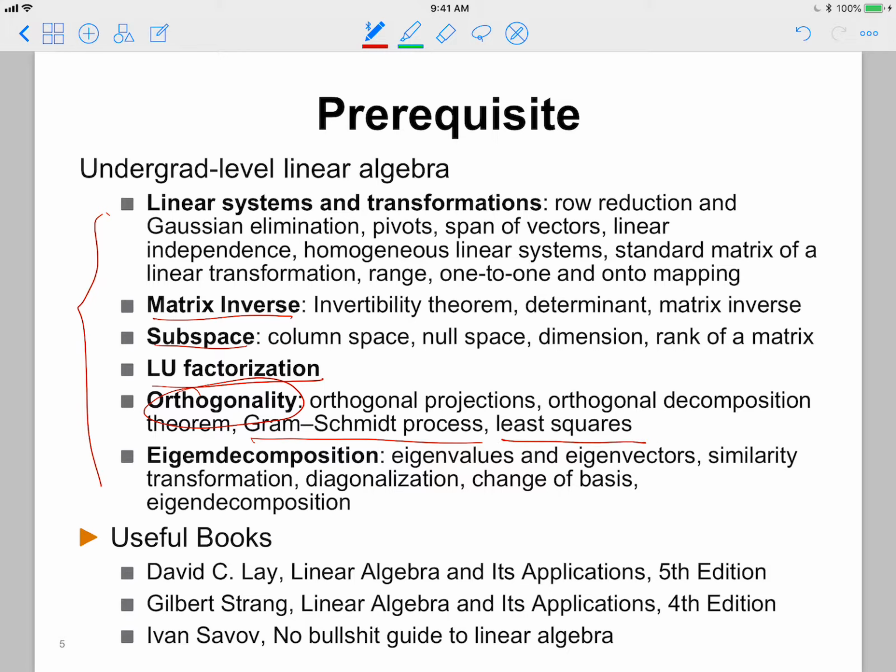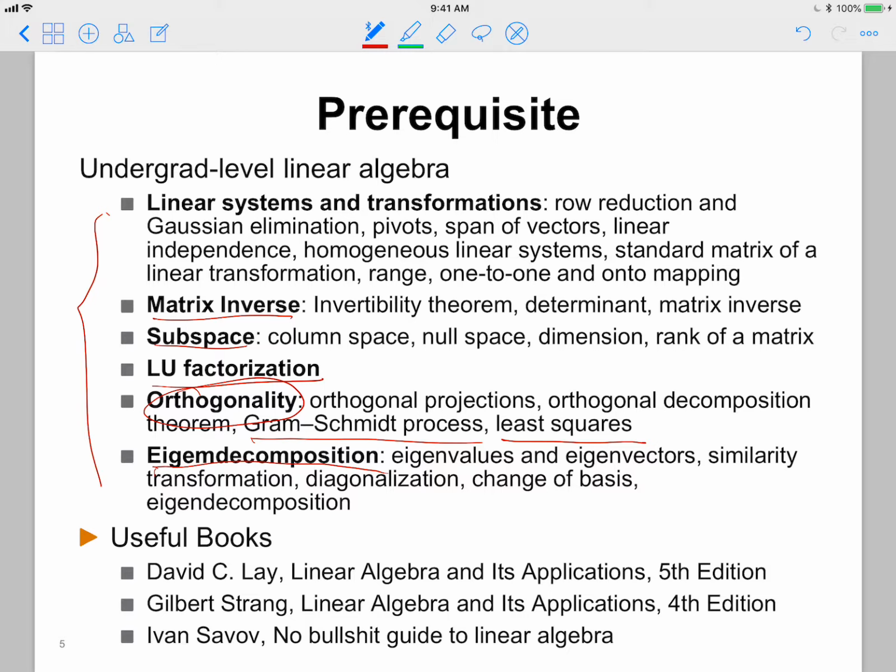Eigen decomposition is also a quite widely used technique, so I assume you have a fair amount of background on eigenvalues and eigenvectors.